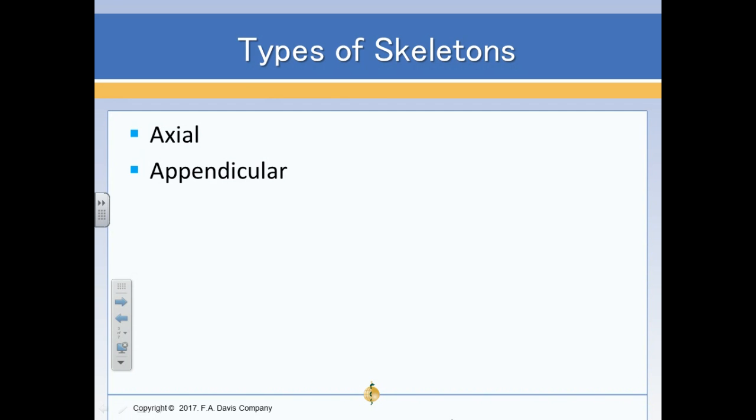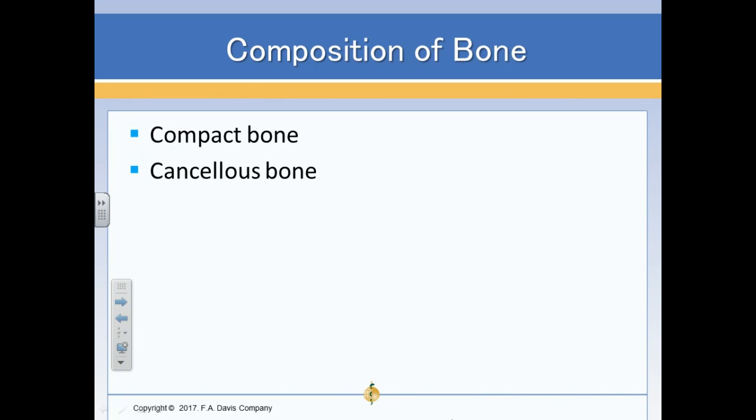So the composition of bone. There's compact and cancellous bone. You look at page 14, that's where that starts.